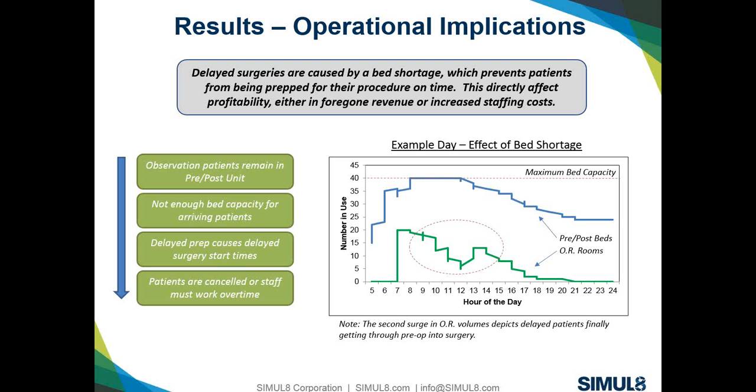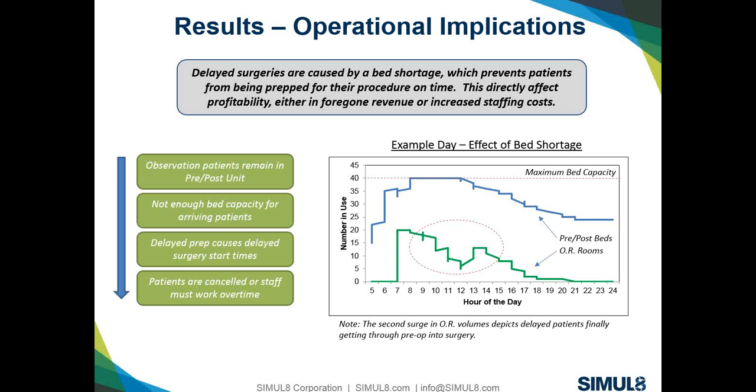And so what happens is I have all of these observation patients coming out of the OR and sitting in beds for 6, 8, 10, 12 hours sometimes. And what that means is that as my day goes on, I'm filling more and more of my bed capacity with these observation patients. And so I'm running short, and I don't have enough beds free to be able to bring in the next patient to prep them for surgery.